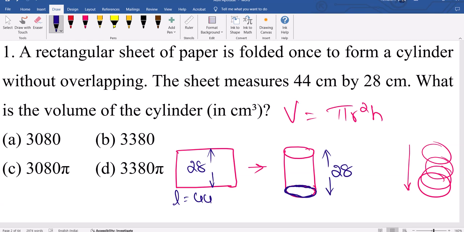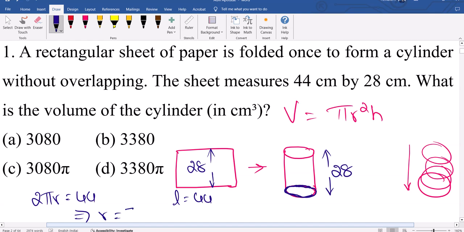The circumference of the circle, or the length of that, is nothing but 2 pi r. 2 pi r is equal to 44. R will be nothing but 7. Radius is 7, height is 28. Now we have to substitute. So 22 divided by 7, that 7 will cancel, 154.